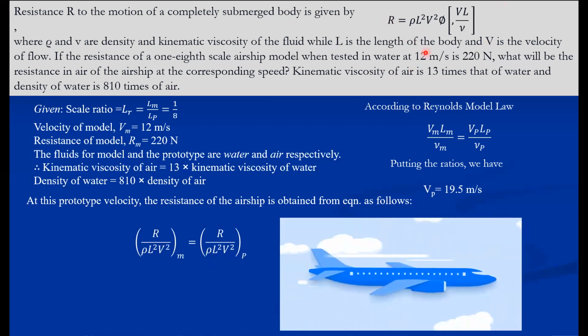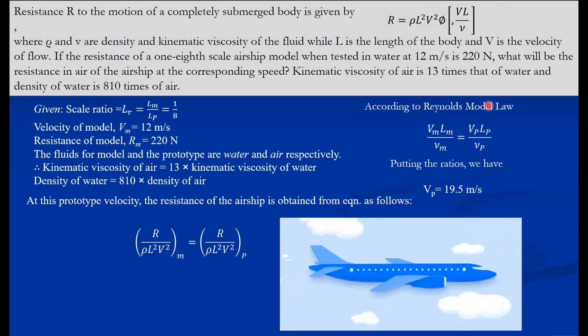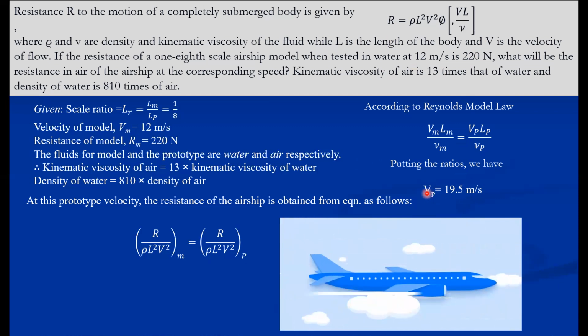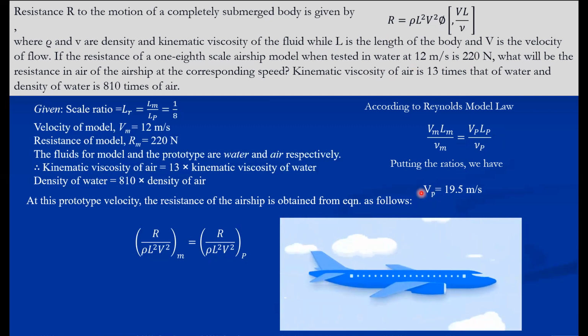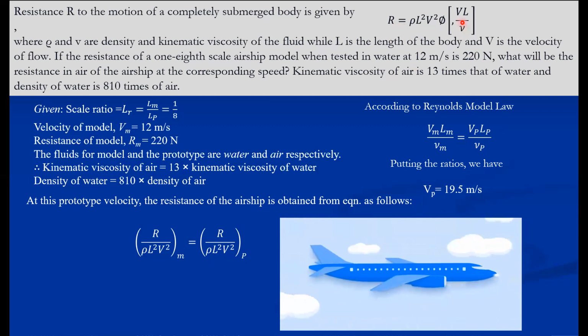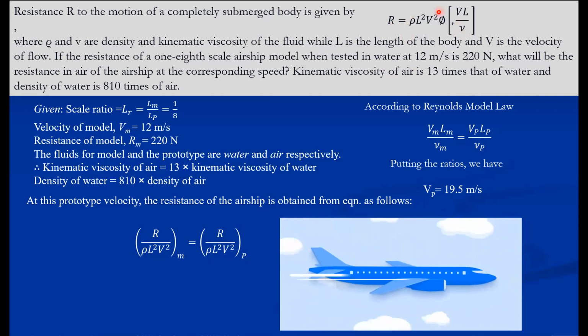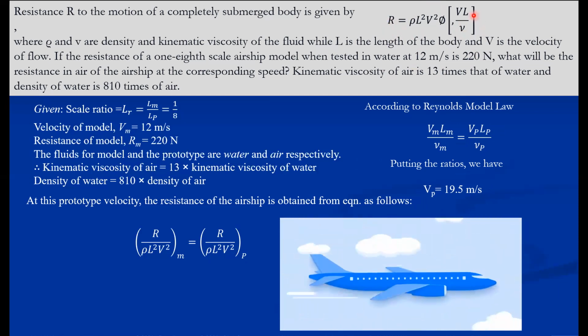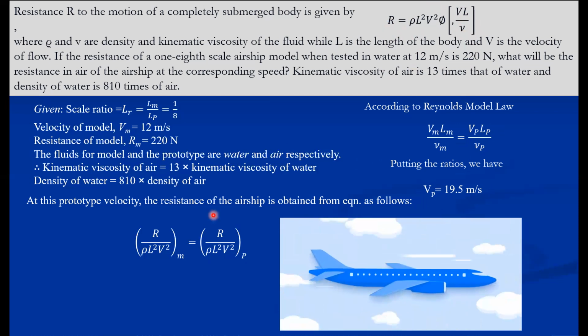In addition to the Reynolds model, because Reynolds model helps us to determine the remaining parameters of the prototype, velocity we already calculated. In order to calculate the resistance, a different correlation is given. So R upon rho L square V square is equal to a function of VL by nu.